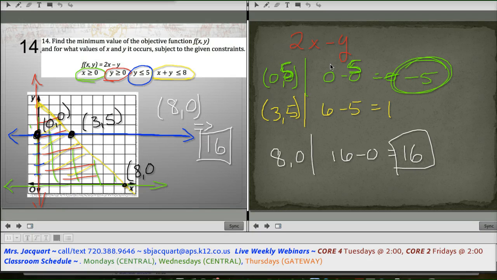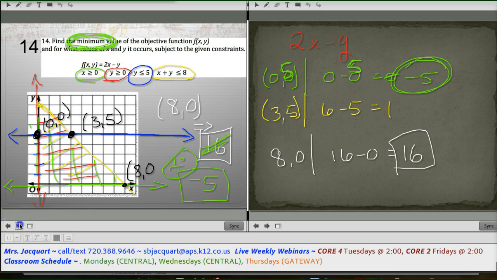And it asked me for a minimum because I finally went and read what I was looking for. It says minimum value, find the minimum value. The minimum value is going to be -5. Okay, always good to read the question when you answer it.